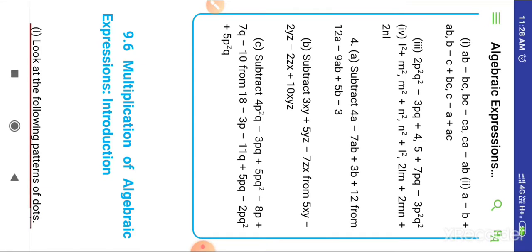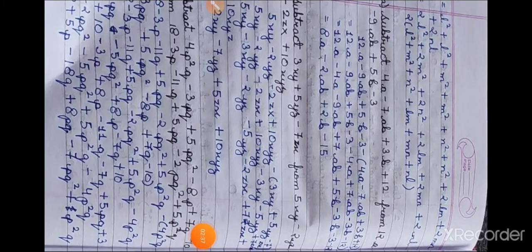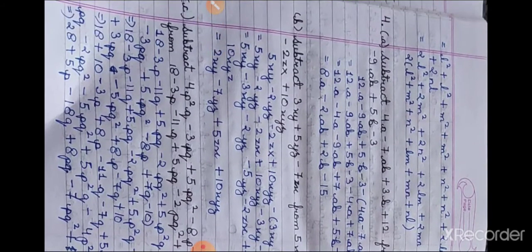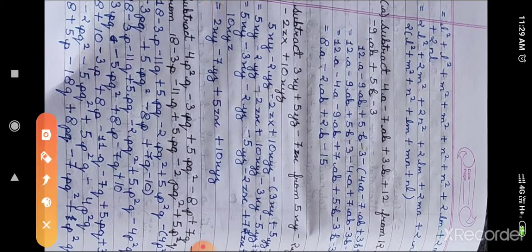In this way you can solve the remaining parts of question number 1. In B part you have to convert kilogram into gram, then you can easily find their ratio. Similarly in the C part and D part you have to convert meter into centimeter and days into hours.